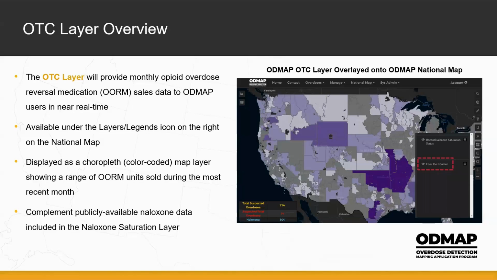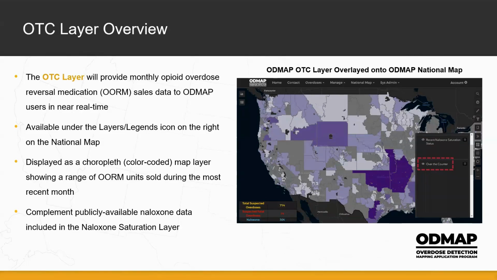It's displayed as a choropleth, or color-coded map layer, showing the range of units sold during the most recent month. We chose a purple color ramp for this layer to contrast with the other layers on ODMAP. The layer does not require any data submission by users.